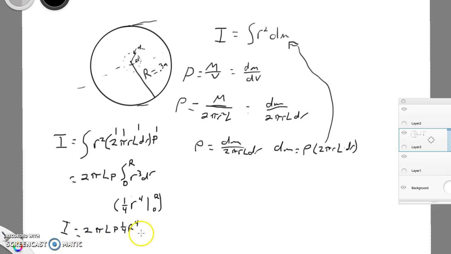Well, that's pretty messy. Fortunately, we have what we defined right here: rho, the density, is the mass divided by the volume, and we can stick that in there for rho.